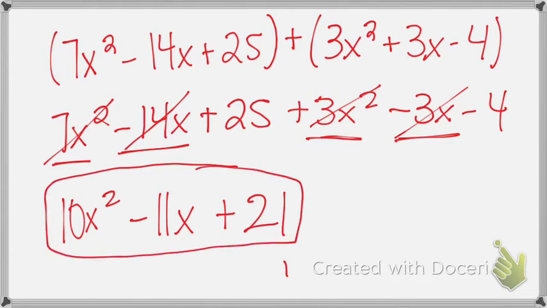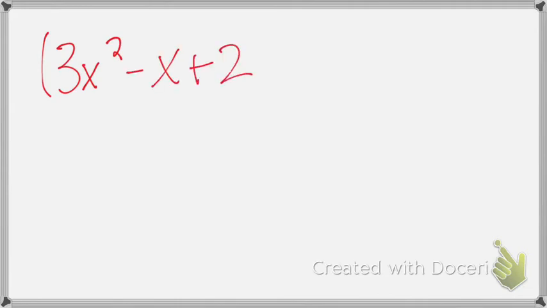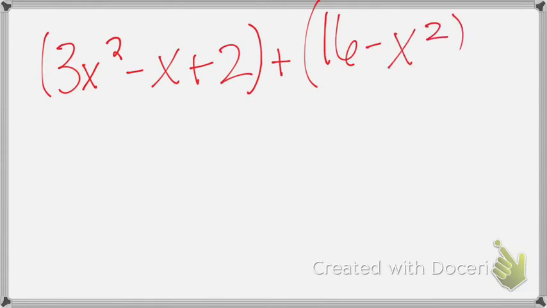Okay? Now, you take 1 minute and do B. Go. You're right. Well, let me make it bigger. All right, B was 3x squared minus x plus 2 plus 16 minus x squared.